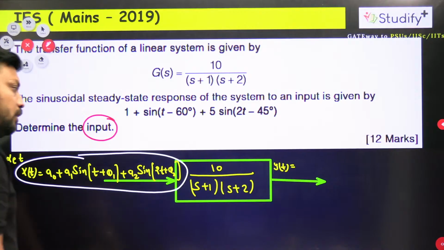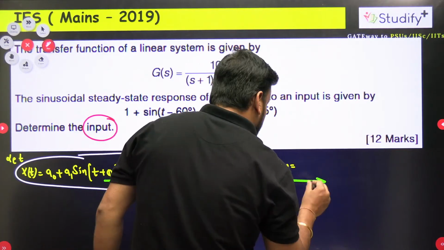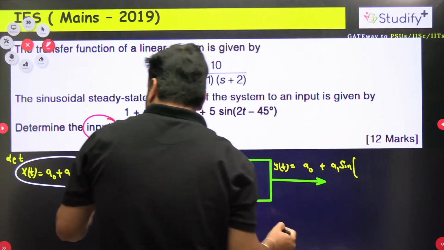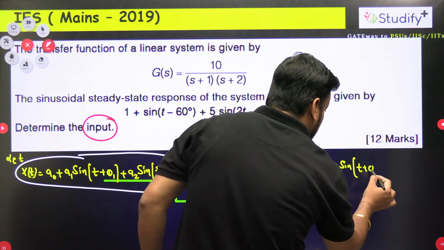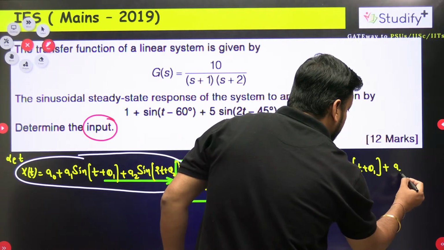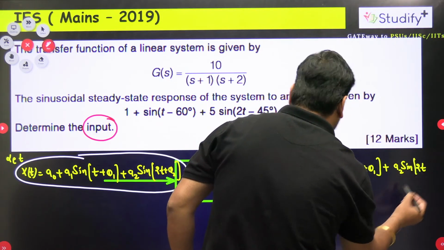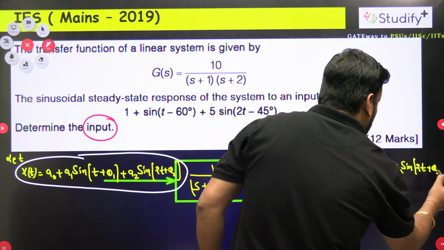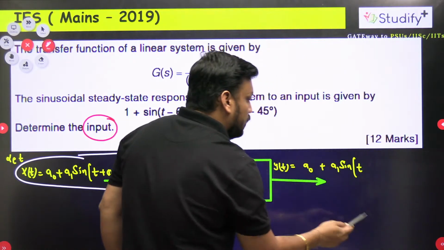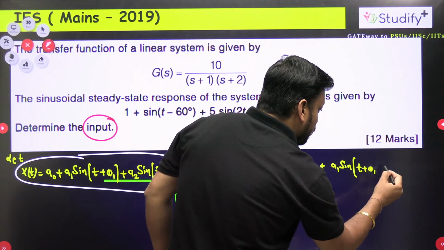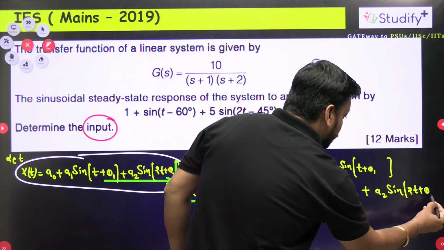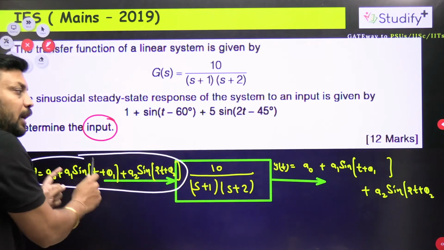So what will you get, sir? a0 will come as it is, plus a1 sin(t plus theta 1), and the next factor will be a2 sin(2t plus theta 2). This is what we have at present, but in addition we need a little space here, so I will rewrite it. Now tell me guys, if this was my input, then what should my output be?